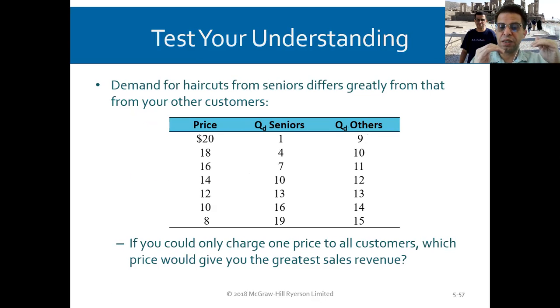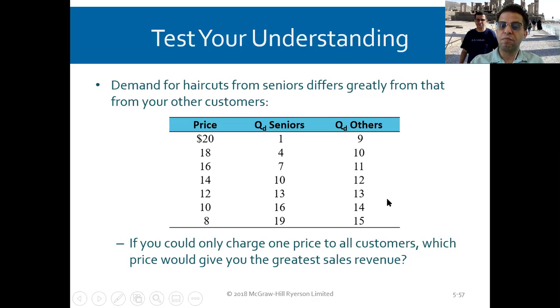As the price decreases, we know the demand increases and keeps increasing. So if we're selling at $8, you will have 19 seniors coming in and 15 juniors or others.